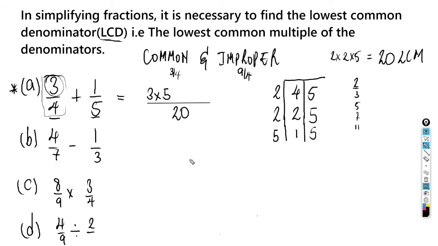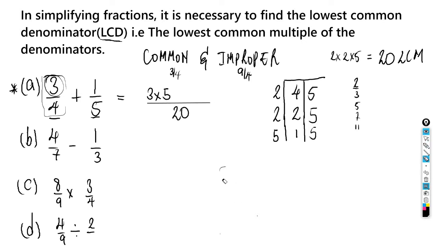Because 3 times 5 is actually 15 over 20, which is the same thing as 3 over 4. If you divide through by 5, you should get 3 over 4, right? If I divide 5 into 15, I get 3, and 5 into 20, I get 4. So it's 3 over 4. So that's why I have the 3 times 5 here.